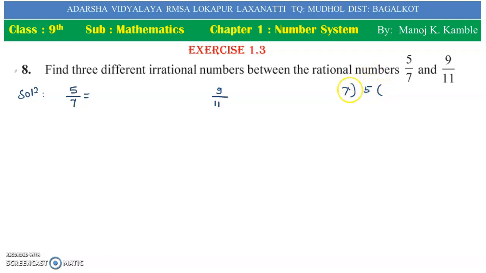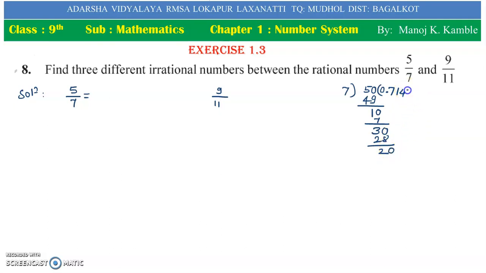Here 5 is less than 7, so after the decimal point it becomes 0. 7 sevens are 49, remainder 1, next it becomes 10. 7 ones are 7, remainder is 3, it becomes 30. 7 fours are 28, remainder is 2, it becomes 20.